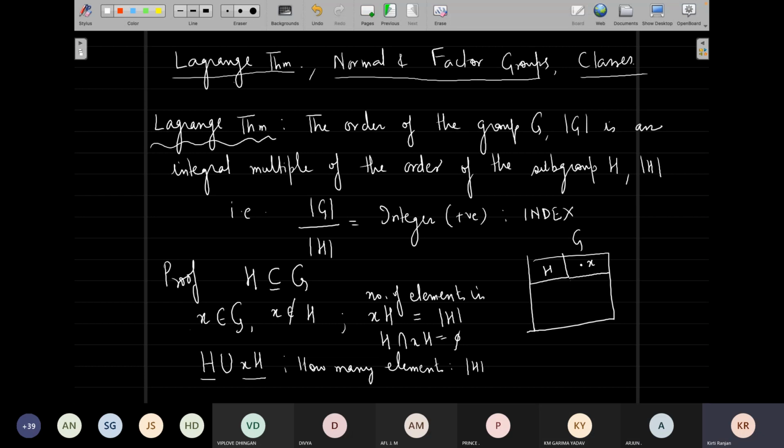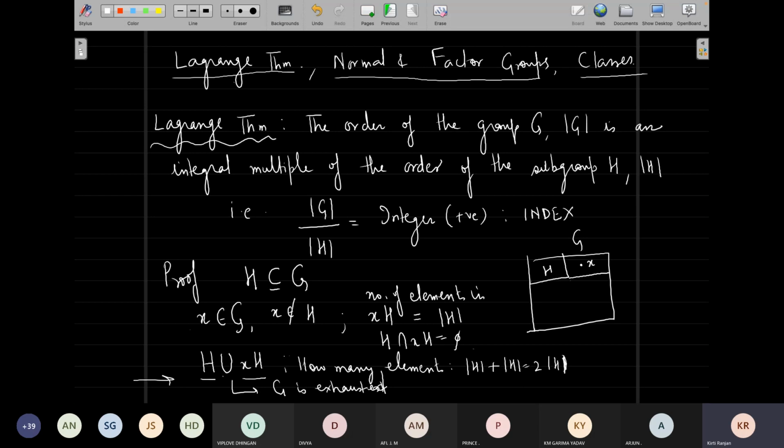It will be mod H plus mod H, twice mod H. If it happened that H union xH exhausts G, that is, G is not left with any other element, then how many elements would be there in this group G?